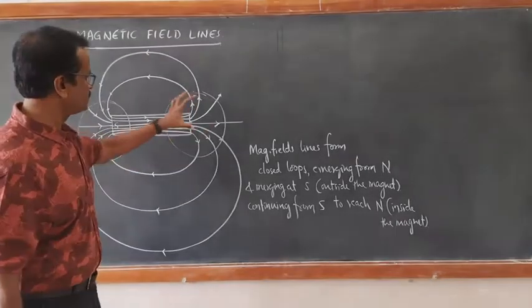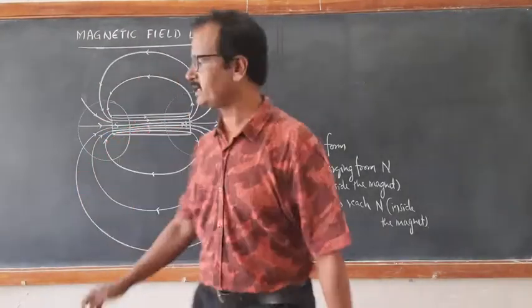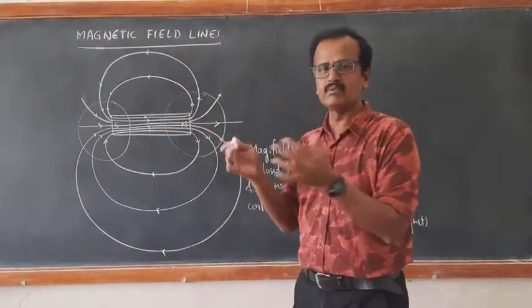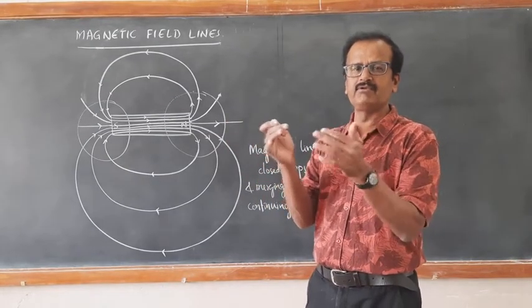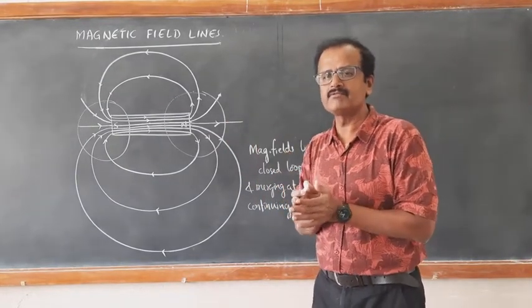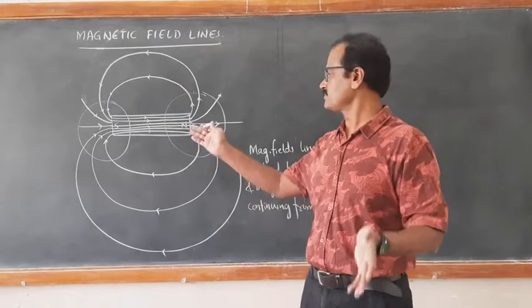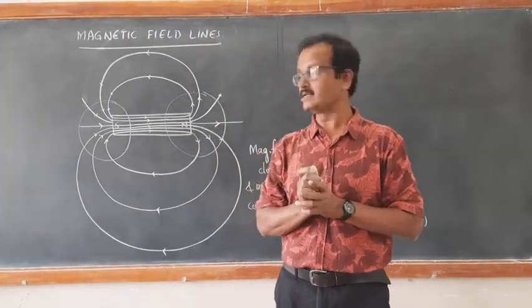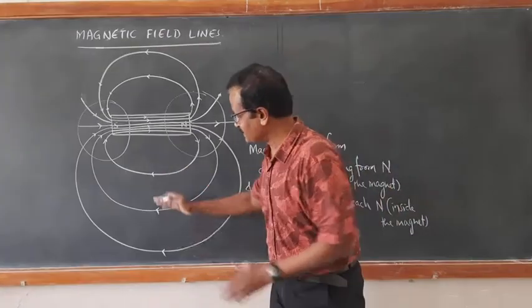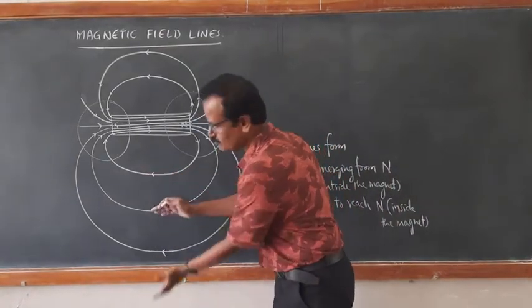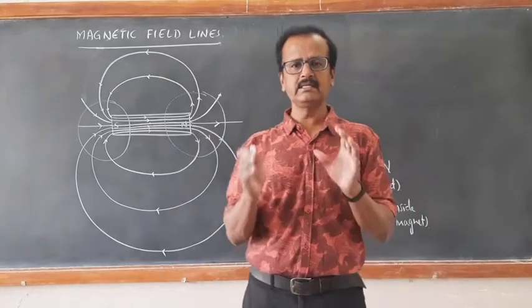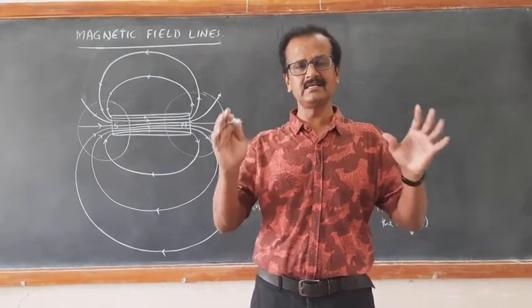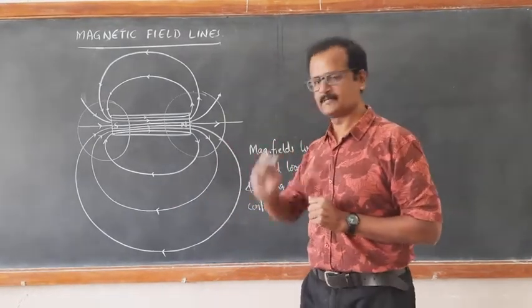So from this we can state that wherever there is more crowding, more number of field lines emerging from that particular point, there you will find maximum strength of the magnetic field. Wherever there is more spacing between the field lines, the magnetic field strength is decreasing. This is the observation.